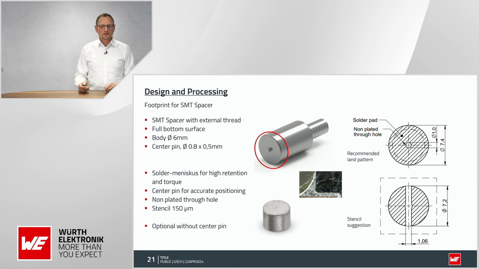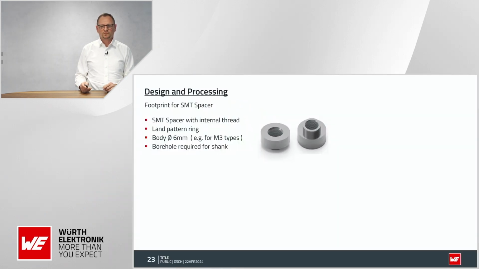So you can optionally get those parts also without a center pin, or later some other parts with the bottom closed also. So looking at the one with the through hole. Now this is a version where the hole is all going through, but you have a thread inside here, as you can see.